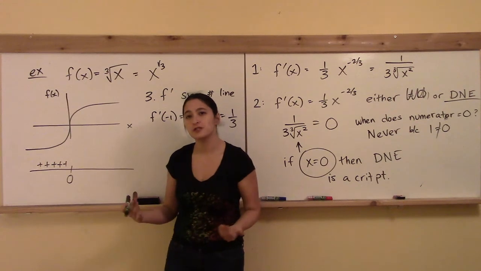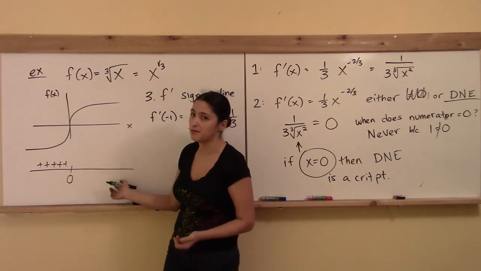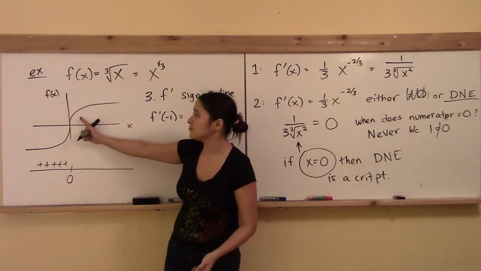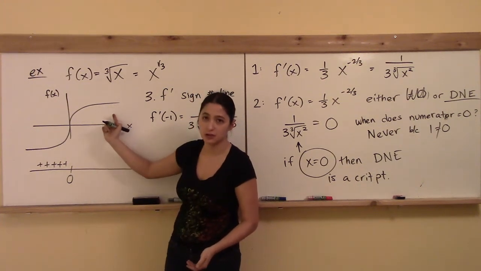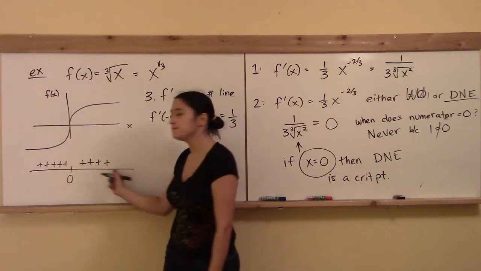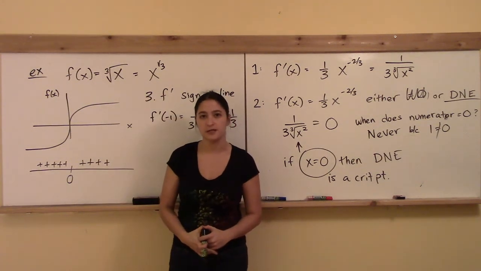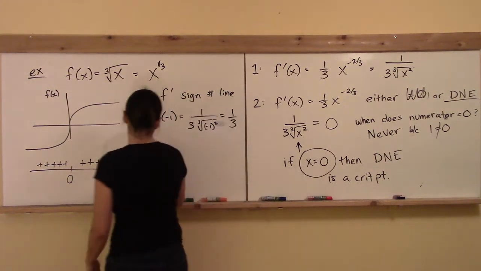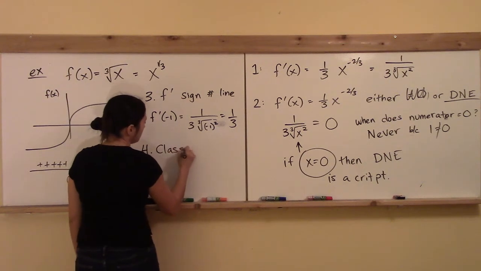Likewise, you will find whether you use a test point of x equals 1 or 100,000 million, or you just observe that the graph of the original function is increasing or going up, you can state on your f prime sign number line that you have all positive values there. The last part is going to be step 4, where you're going to classify.